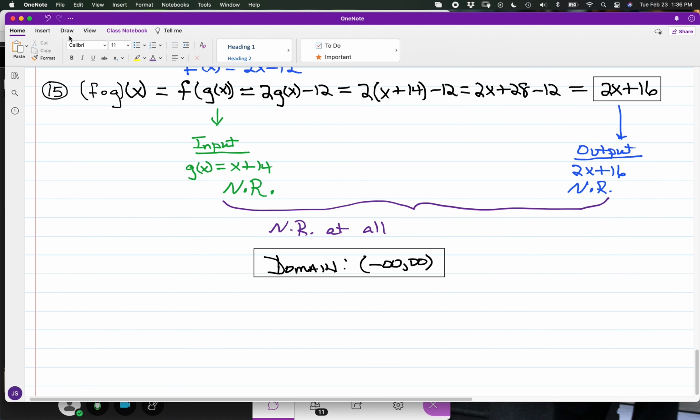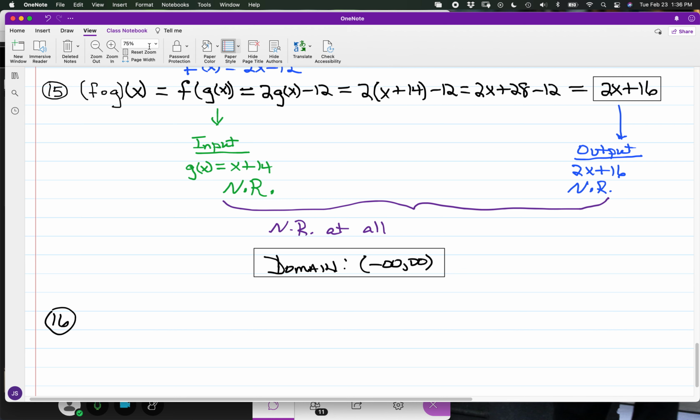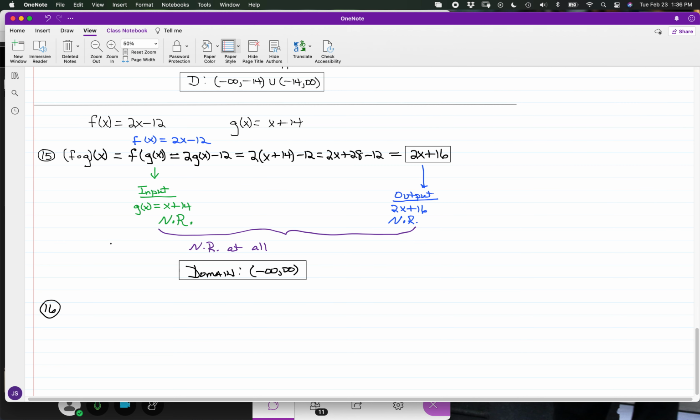And in the case of the other composition, g composed with f of x, okay, so you have g of f of x.